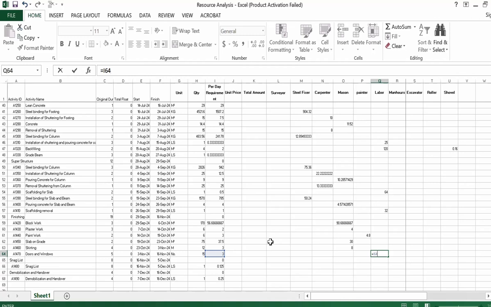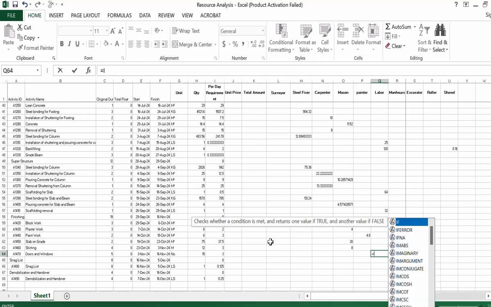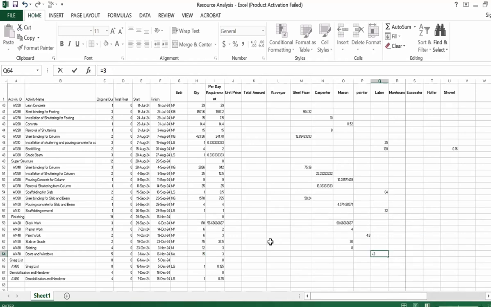So we will multiply 3 multiplied by 8 multiplied by total duration. 120 hours is required to complete this. We need 3 labor for 8 hours and for 5 days. So it gives us the real number.